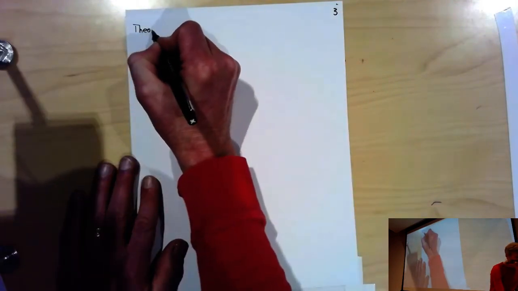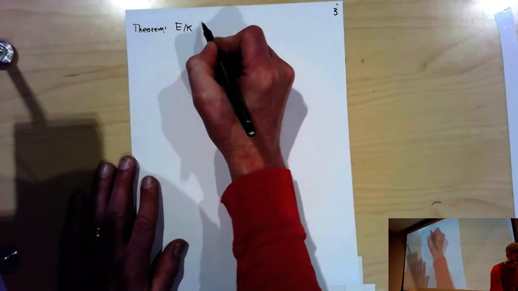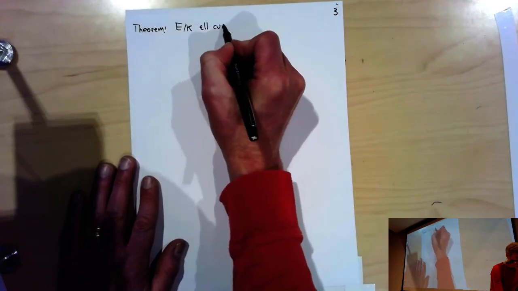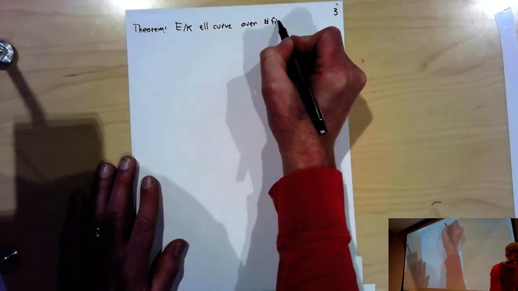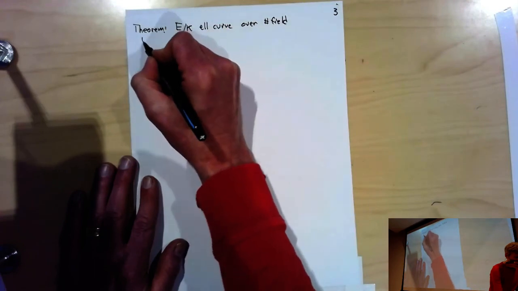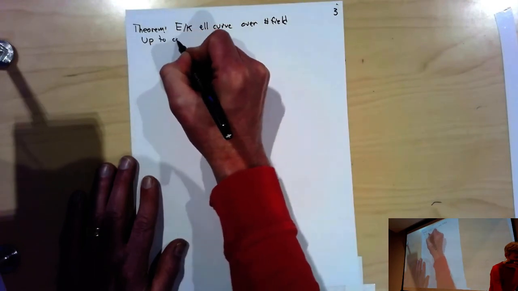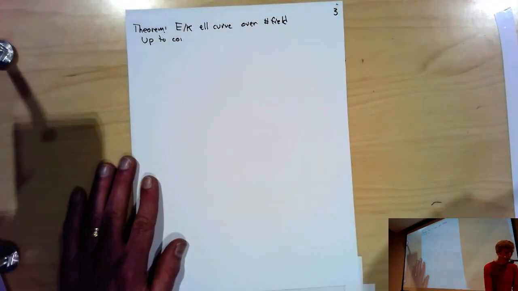Okay, so theorem. Let E over K be an elliptic curve over a number field. Then up to conjugacy, the Sato-Tate group, because we defined it as a maximal compact subgroup, is only defined up to conjugacy.